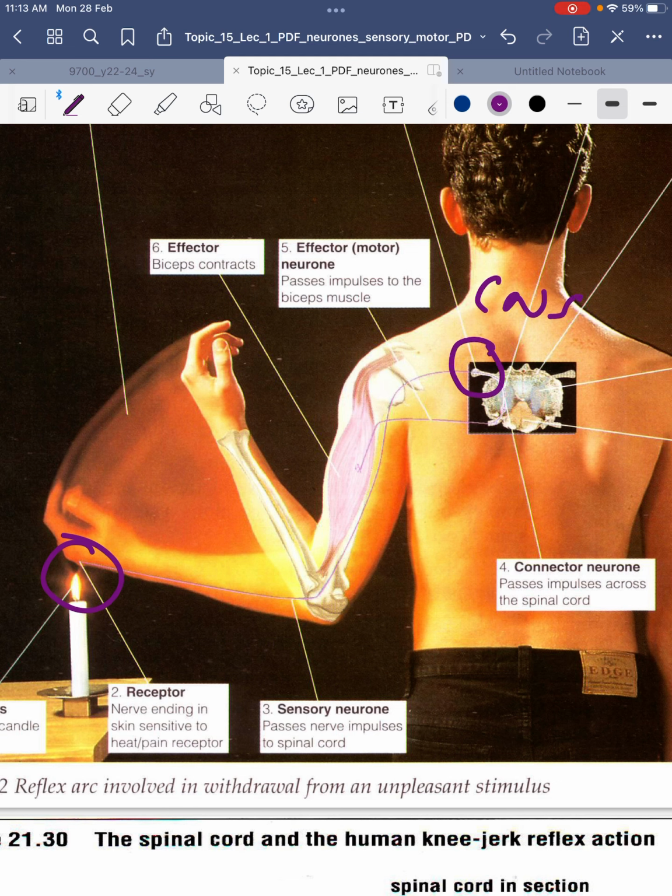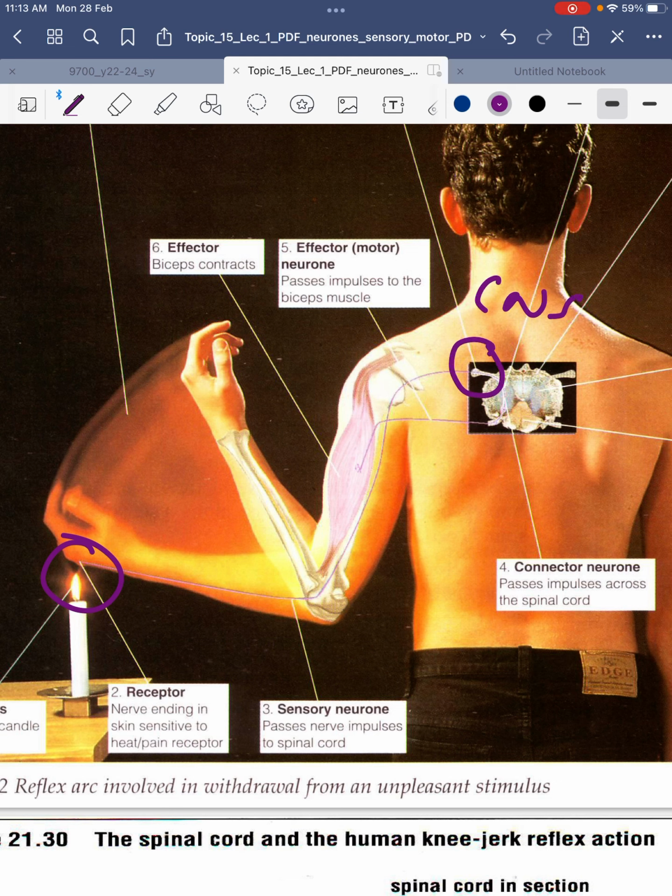And then the connector neuron receives the nerve impulse from the sensory neuron and passes it to the motor neuron. And then the motor neuron receives the nerve impulse from the CNS, via the connector neuron, to the effector. So that's how it is done.